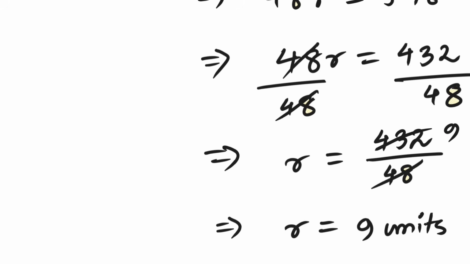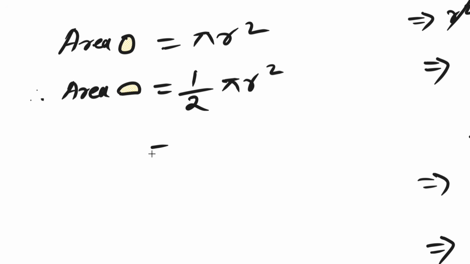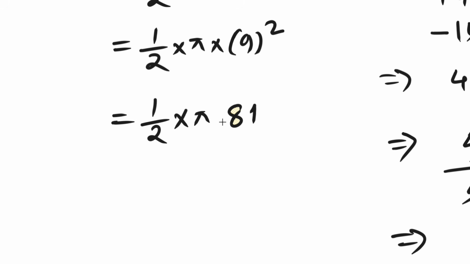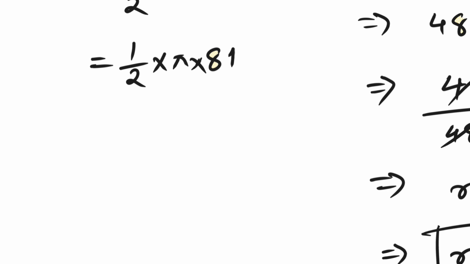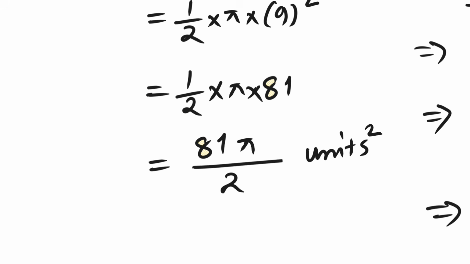We have just found that r equals 9, so now substitute 9 for the radius. The area equals 1/2 multiplied by pi multiplied by 9 squared. 9 squared is 81, so the area becomes 1/2 multiplied by pi multiplied by 81. Therefore, the exact area is 81 pi divided by 2 square units. That is our exact answer.